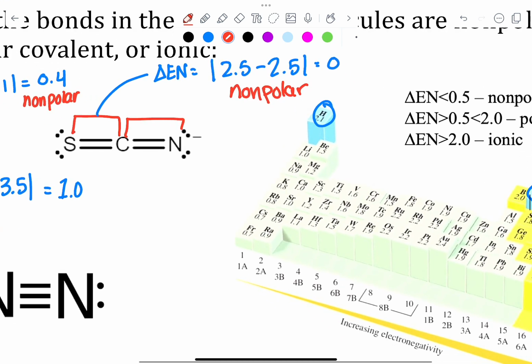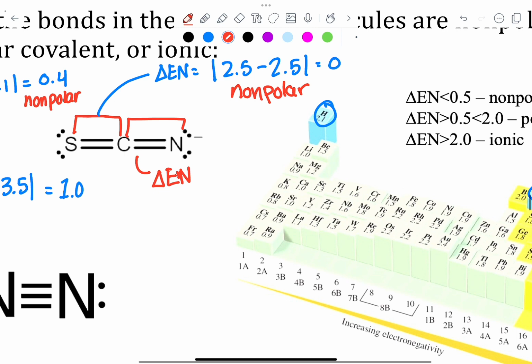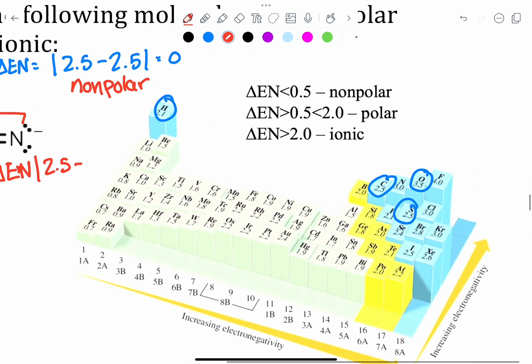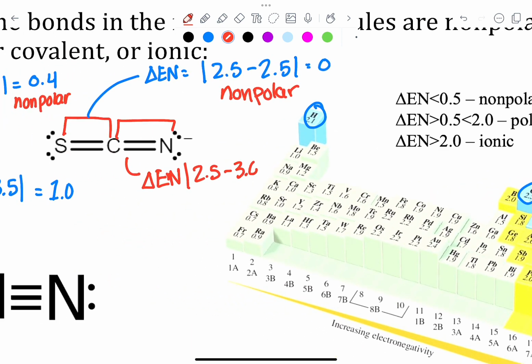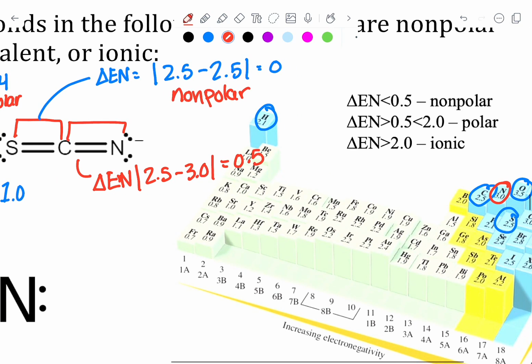And then if we do our carbon-nitrogen, our delta EN, carbon is 2.5. Subtract off nitrogen. Nitrogen is 3.0. That leaves us with a 0.5 for an electronegativity difference, meaning that we are polar.